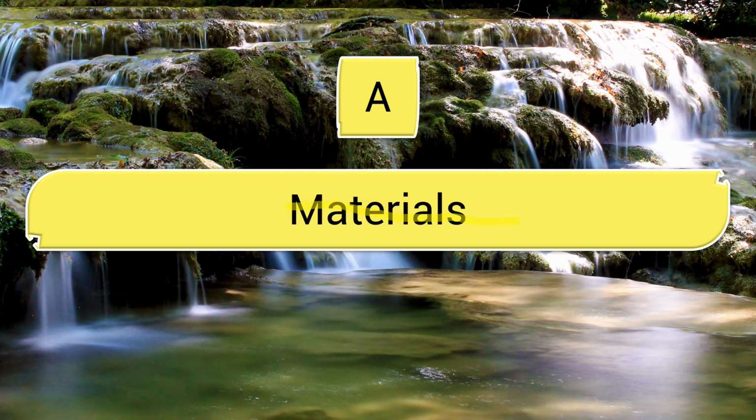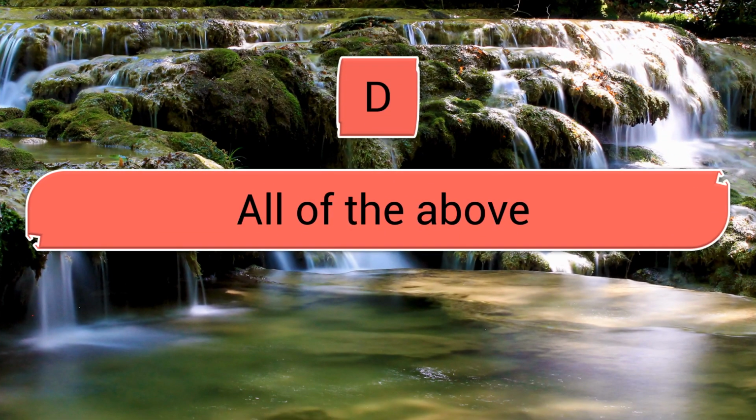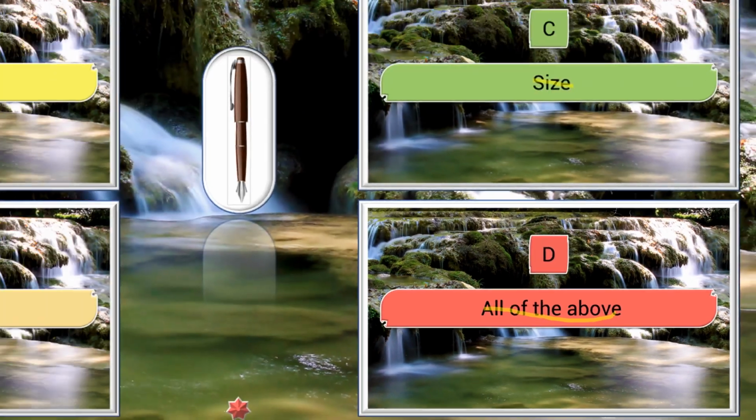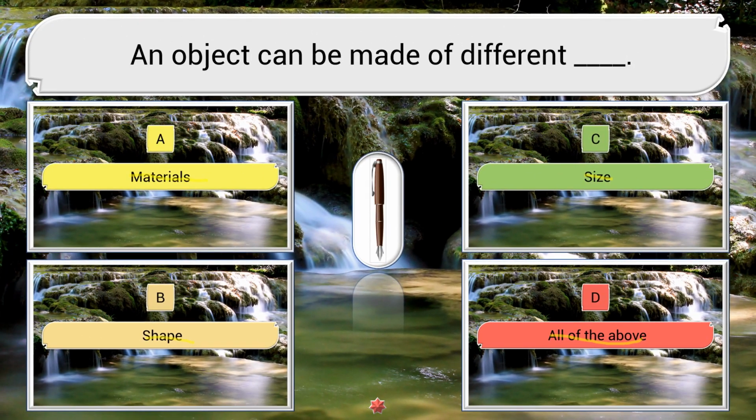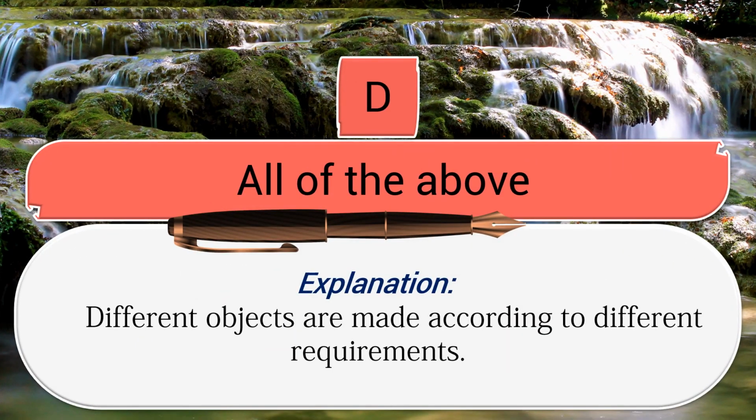Materials, shape, size, all of the above. The answer is all of the above. Different materials are made according to the different requirements.